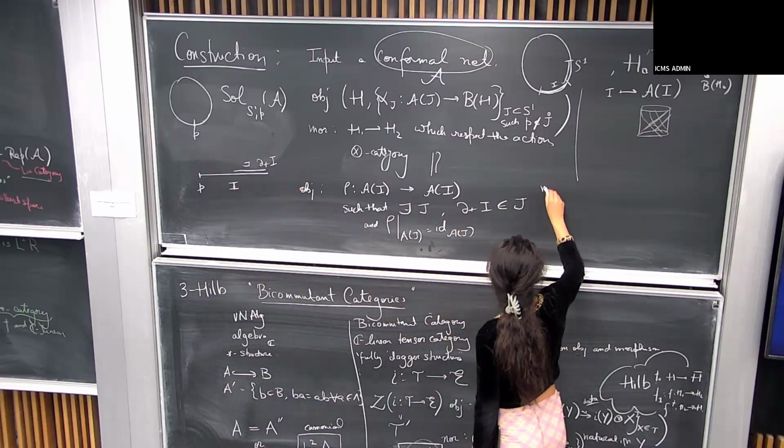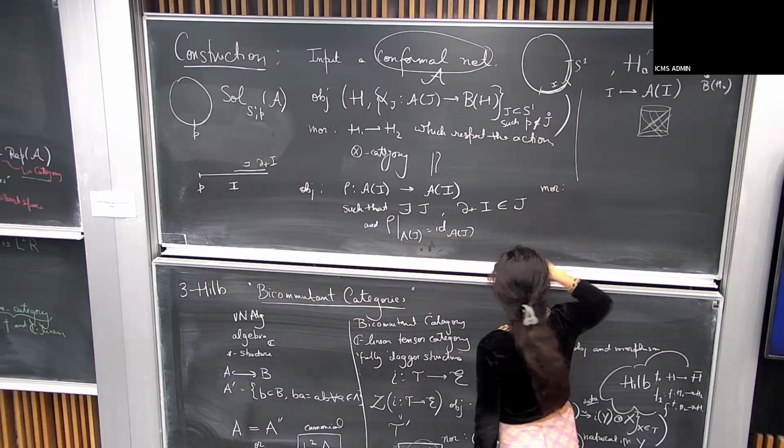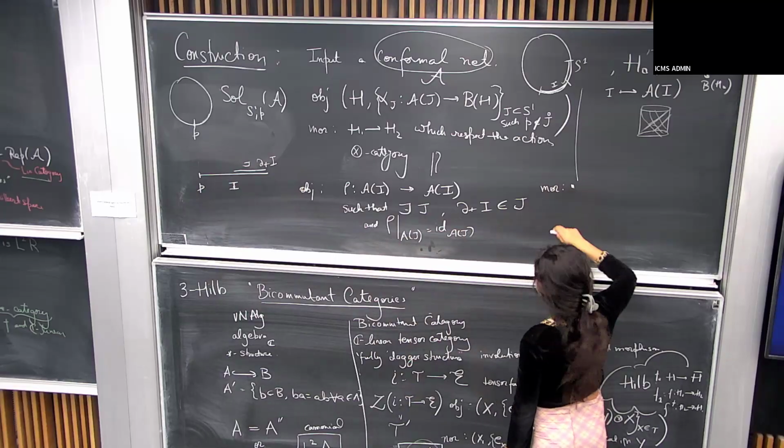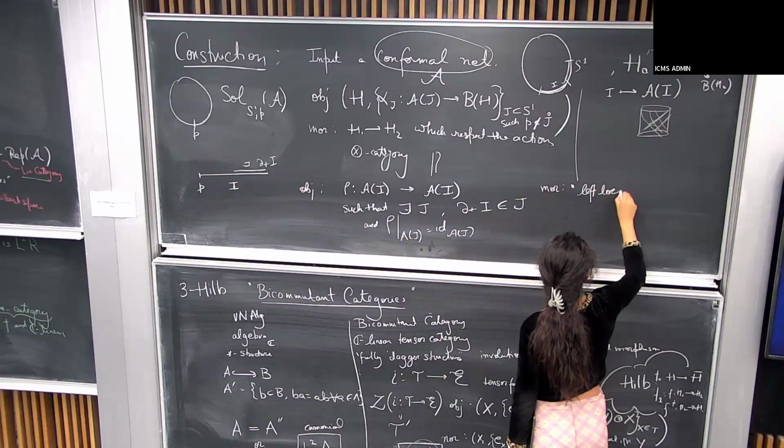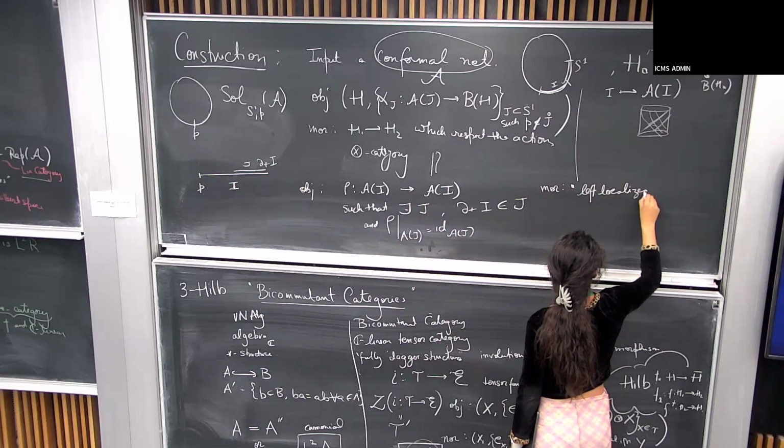And I can give morphisms of this category, which I'll just call left localized intertwiners.